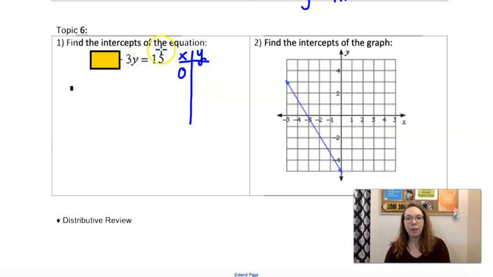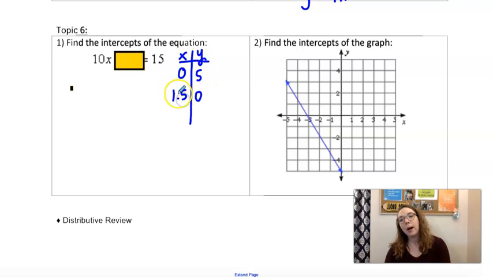And then if I divide by 3, I get 5. My x-intercept is when y is 0. So I can cover up this part. If I divide by 10, I should get 1.5. So that's how I like to find them, and how I show my algebra students.